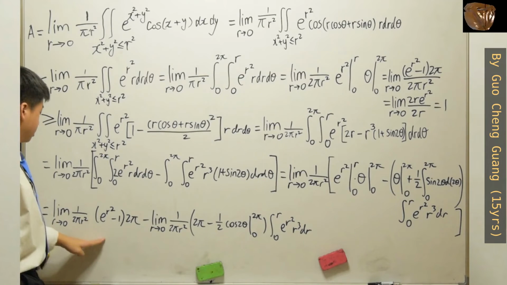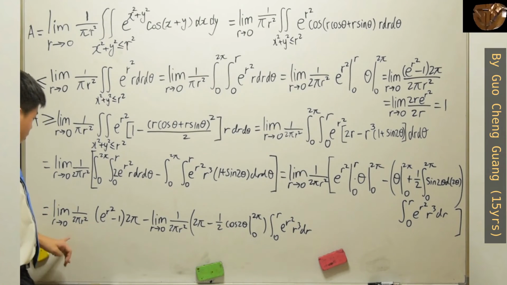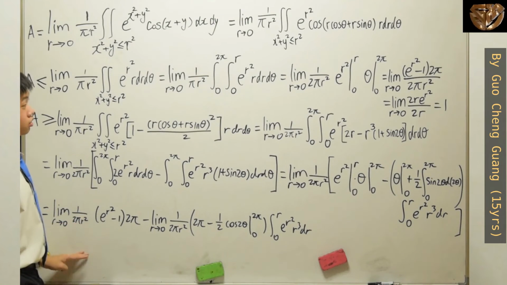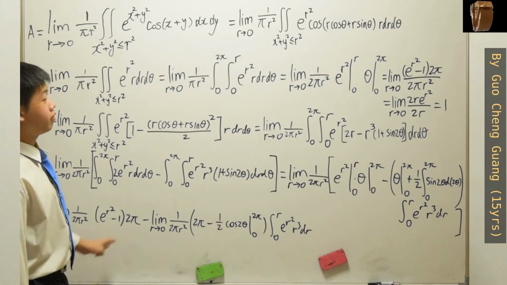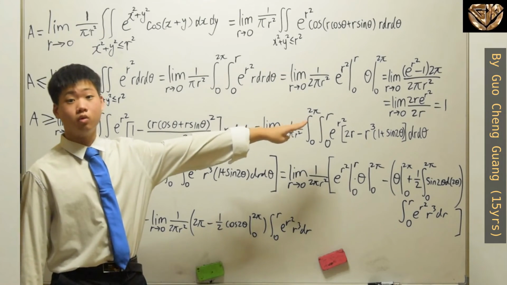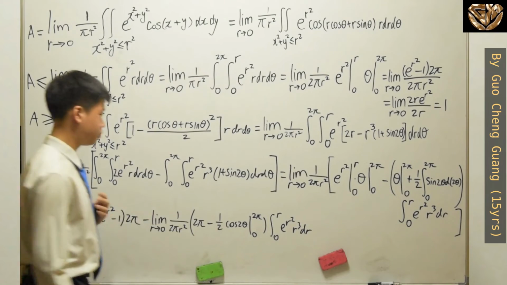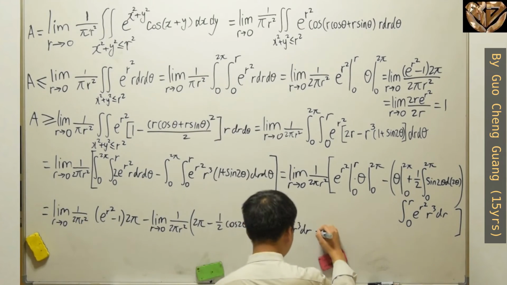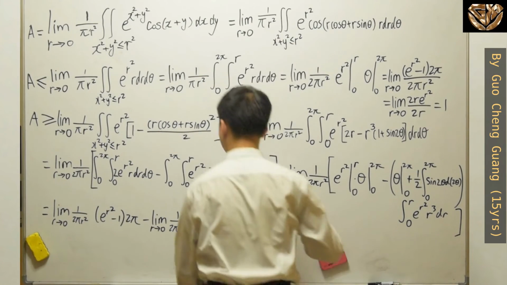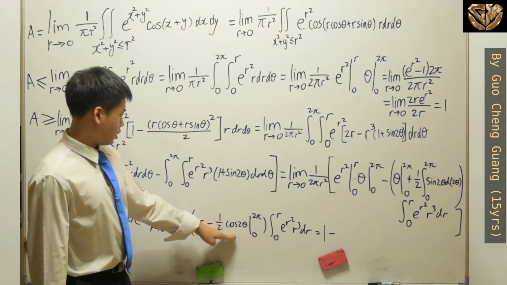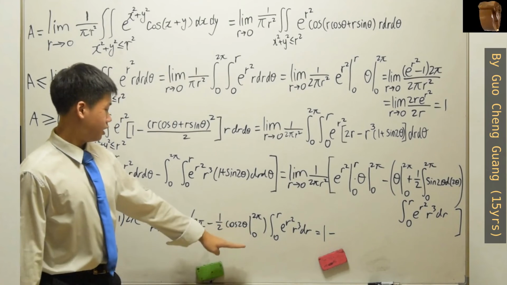Now, the first term, when you try to solve it, you have e to the power of r squared minus 1 over r squared, which is actually something that we have already done over there, which is 1, okay? So 1 minus something. Now, let's take a look at the term with cosine, okay?